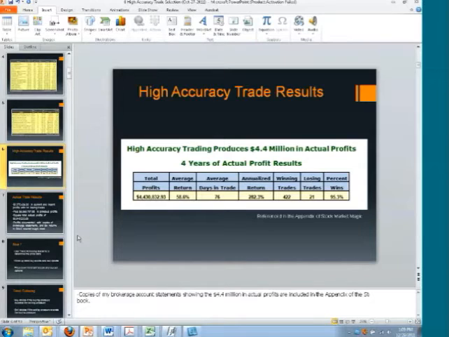Average days in the trade's been 76 days, so the annualized return's been about 282%, and about 95% of the trades are winning trades. So I publish a PDF with these trade results just so everybody can take a look and see that you really can be profitable despite these difficult market conditions that we've been experiencing over the last 3 or 4 years.